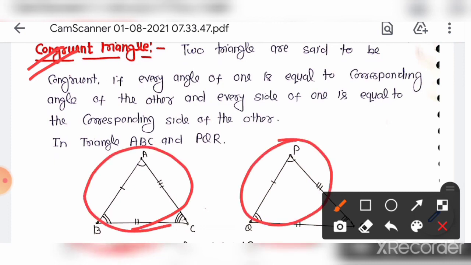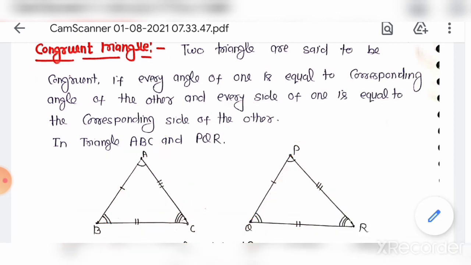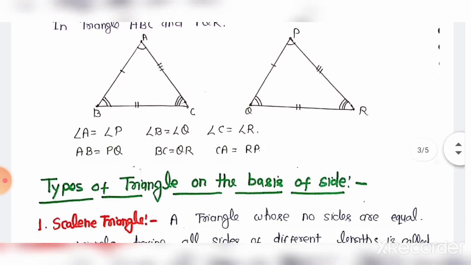All corresponding angles are equal: angle A equals angle P, angle B equals angle Q, angle C equals angle R. The sides are also equal: AB equals PQ, BC equals QR, and AC equals PR. So all sides and all angles are equal. Both figures are congruent triangles. It means triangle ABC is congruent to triangle PQR.